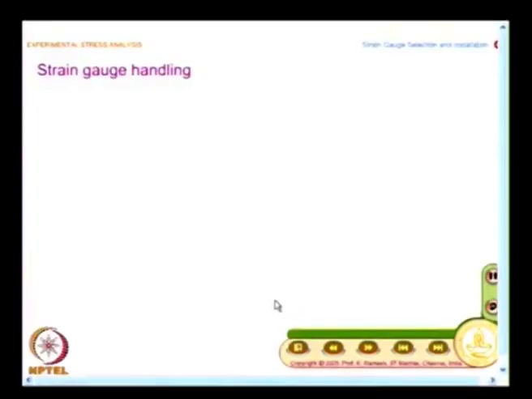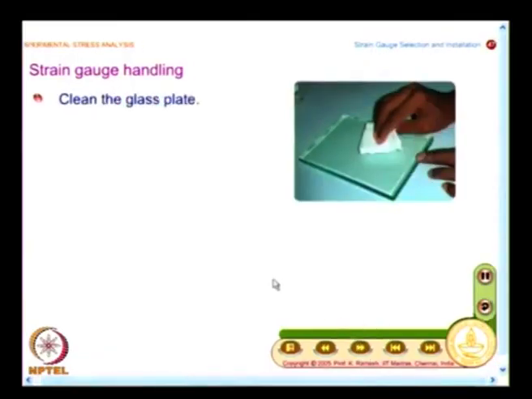Similar skill is required even on strain gauge bonding. Strain gauge bonding is a skill oriented activity, and following the detailed step by step procedure is equally important. You cannot cut short steps. If you cut short steps, you are not guaranteed proper behavior of the strain gauge system.